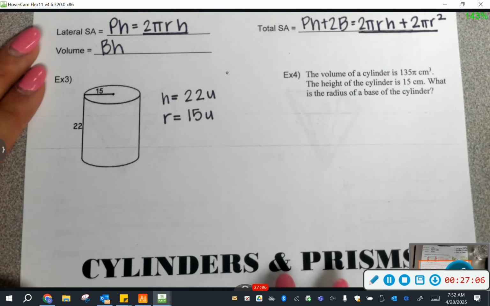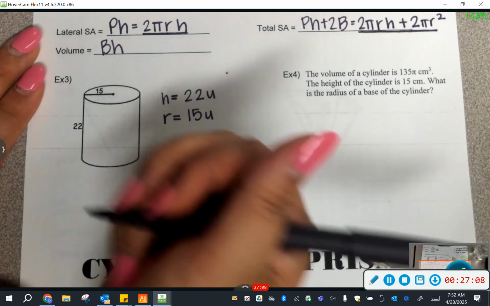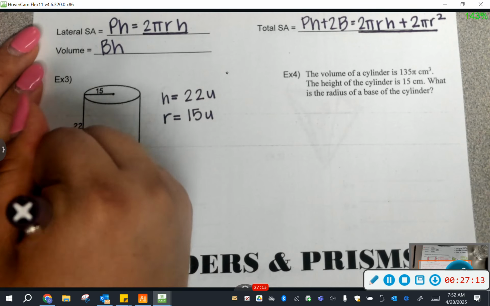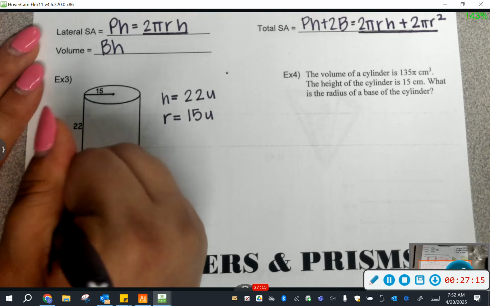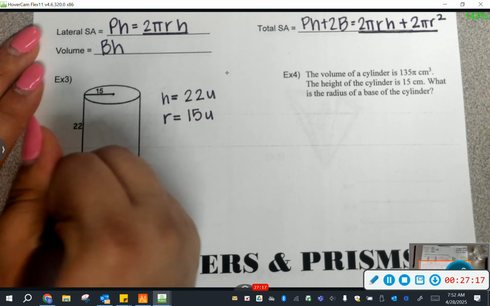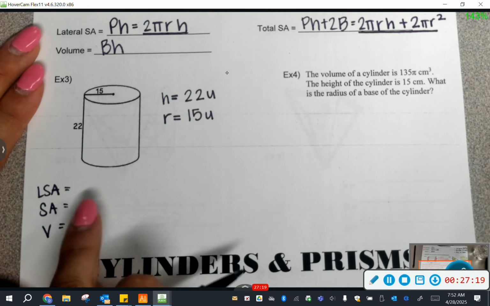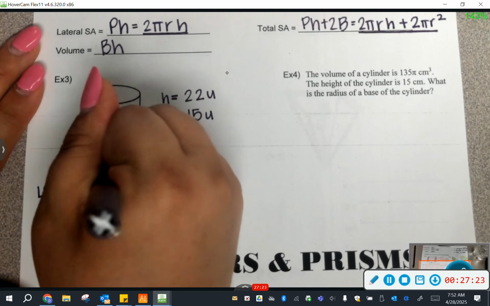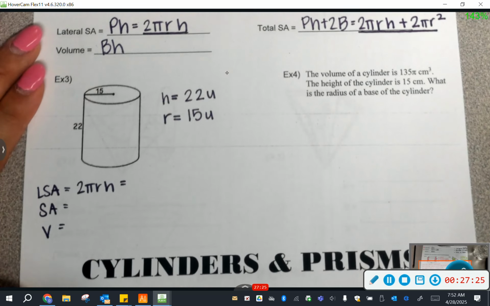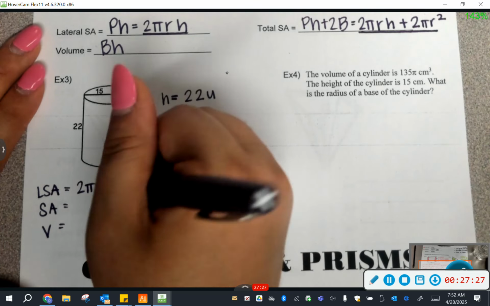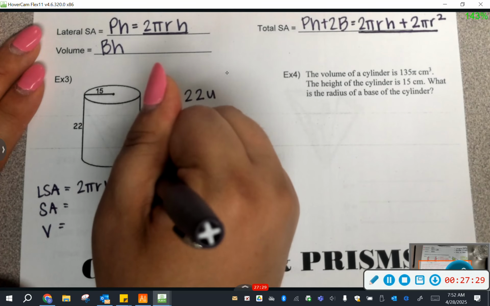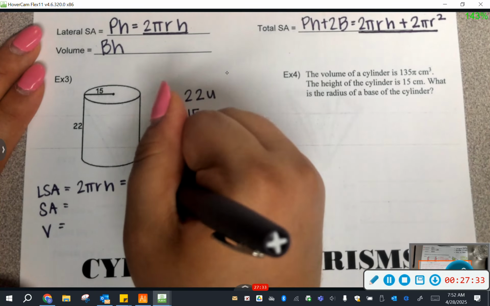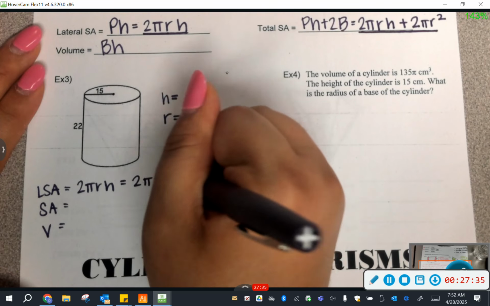And now I can plug in to these three formulas. My lateral surface area is 2 pi RH. 2 pi. What is R? And H.